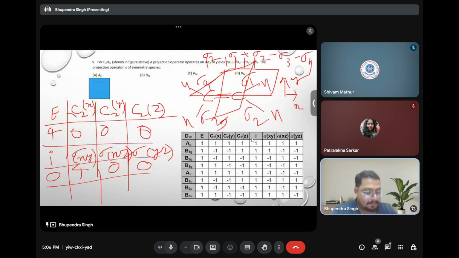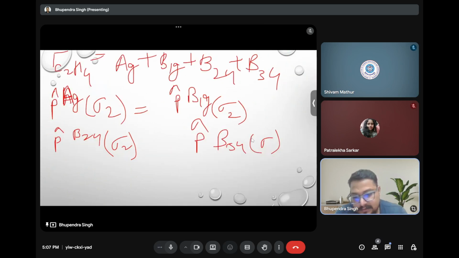By applying this projection operator on sigma 2, whatever symmetry species we got, we need to find which symmetry species' projection operator applied on sigma 2 will give you sigma 1 plus sigma 2 minus sigma 3 minus sigma 4.